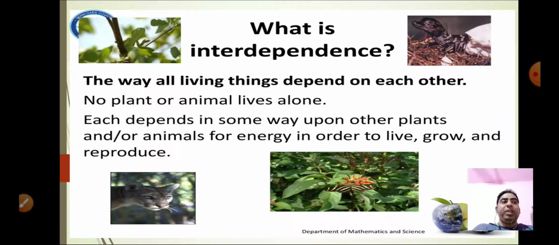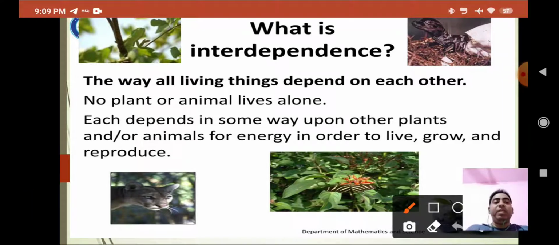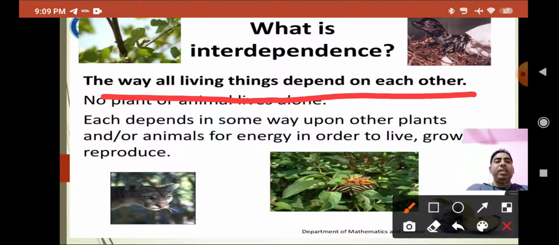In any habitat, plants and animals, which are called biotic components, depend upon each other and on the non-living components, that is abiotic components of the environment. This is known as interdependence. Here it is written that living things depend upon each other.